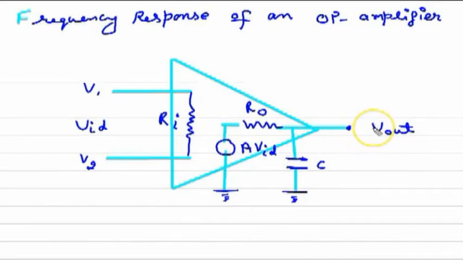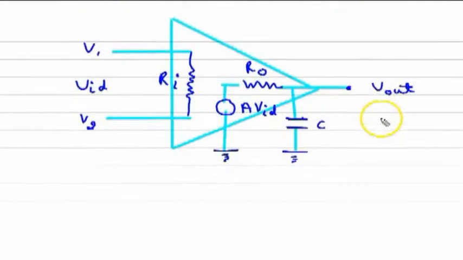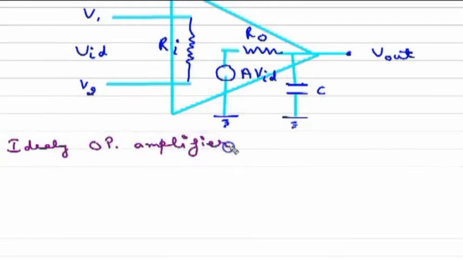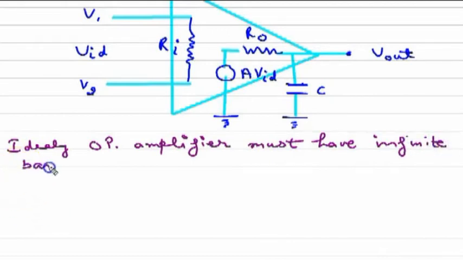Now, ideally, an op amplifier has infinite bandwidth. Bandwidth means the frequencies. Infinite means all the frequencies ranging from 0 to infinity.